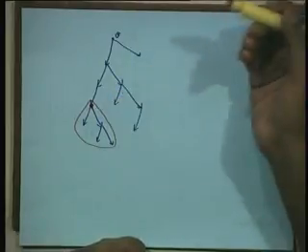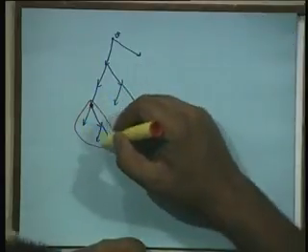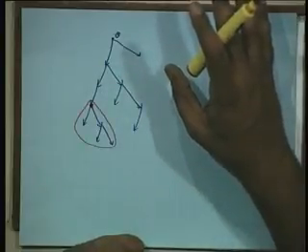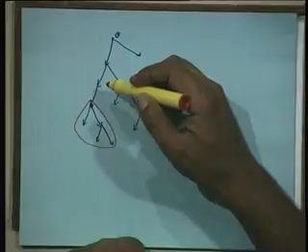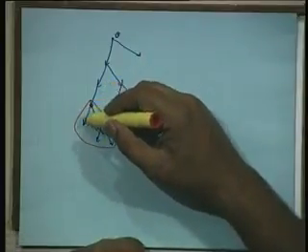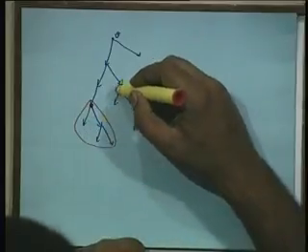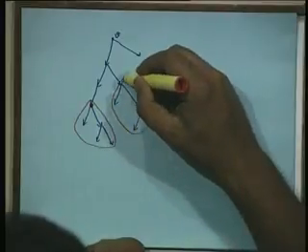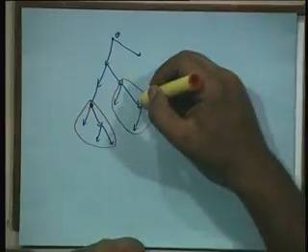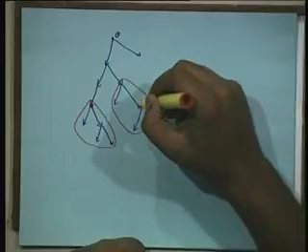Now, we need a similar thing in the case of strong connectivity. From here, we would like that there is some edge going out. What do I mean by out? Here, what kind of edges will be going out of this subtree? Only back edges. But if this were the subtree I was considering, then there could either be a back edge out of this subtree or a cross edge out of this subtree.